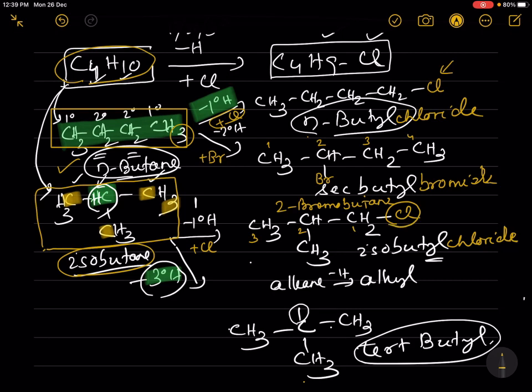This is 1-chloro. Then 2-methyl propane, 1-chloro-2-methyl propane.